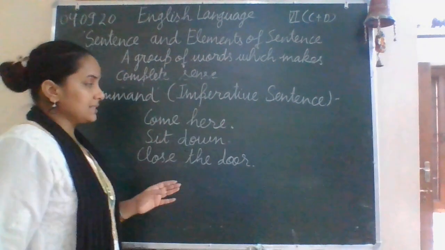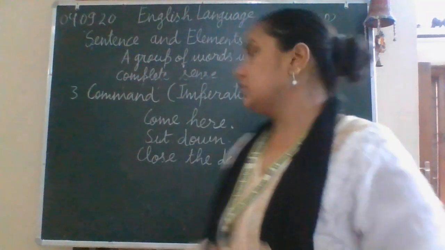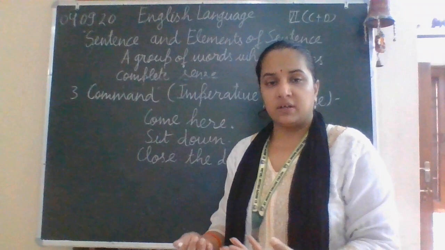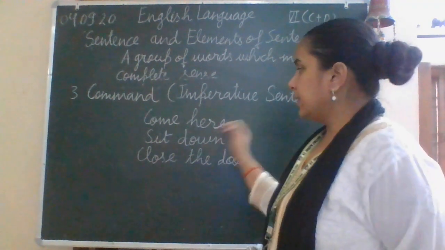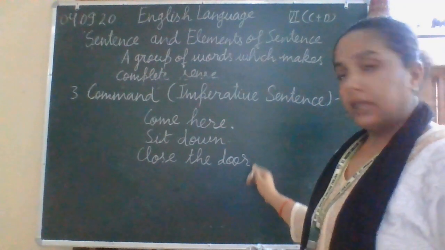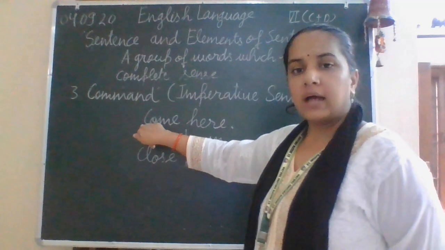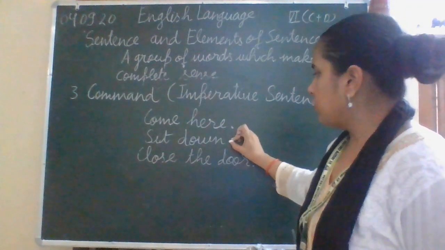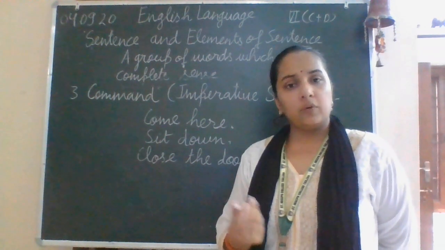All these sentences are commands, in which an instruction is passed to someone. Someone is asked to follow the instruction. Come here, sit down, close the door. Here, in all the sentences, you can see the sentence starts with a capital letter and ends with a full stop. So, in most cases, how will you identify?